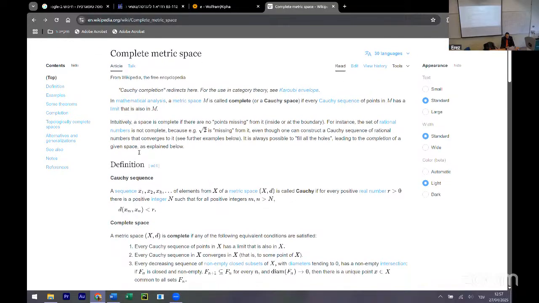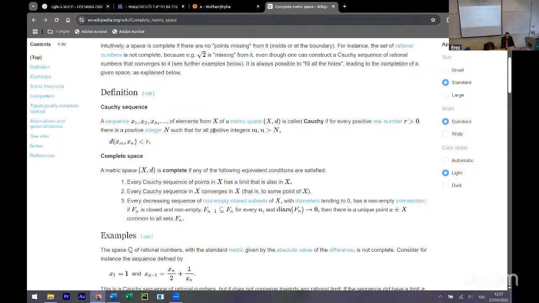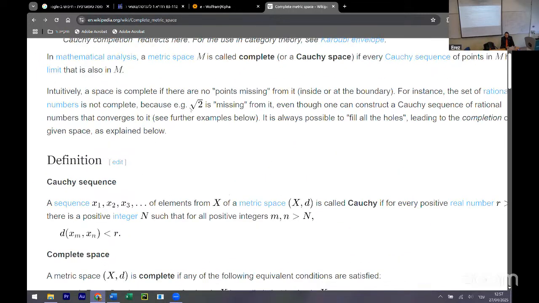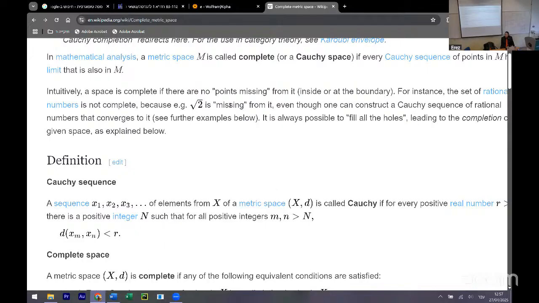The definition is without a supremum, sadly. It's equivalent, obviously. You see, they're even mentioning the square root of 2 that's missing from the rational numbers, but due to this property, it is within the real numbers.